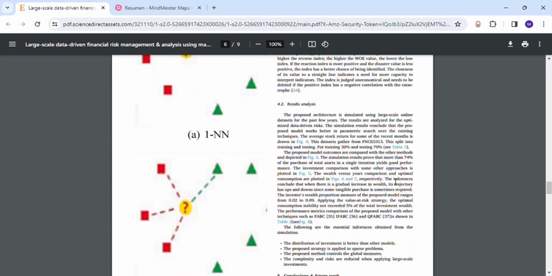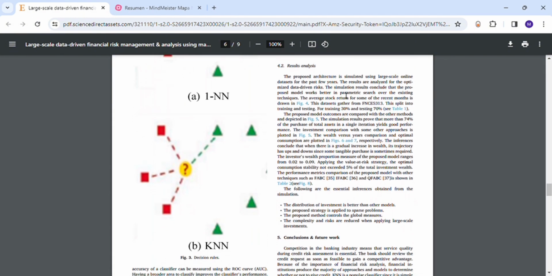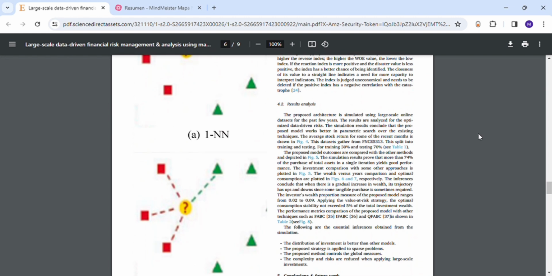Results analysis. The proposed architecture is simulated using online datasets from the past few years. The results are analyzed for optimized data-driven risk. The simulation results conclude that the proposed model works better in parametric search over the existing techniques. The average stock return from some of the recent months is drawn in figure 4.